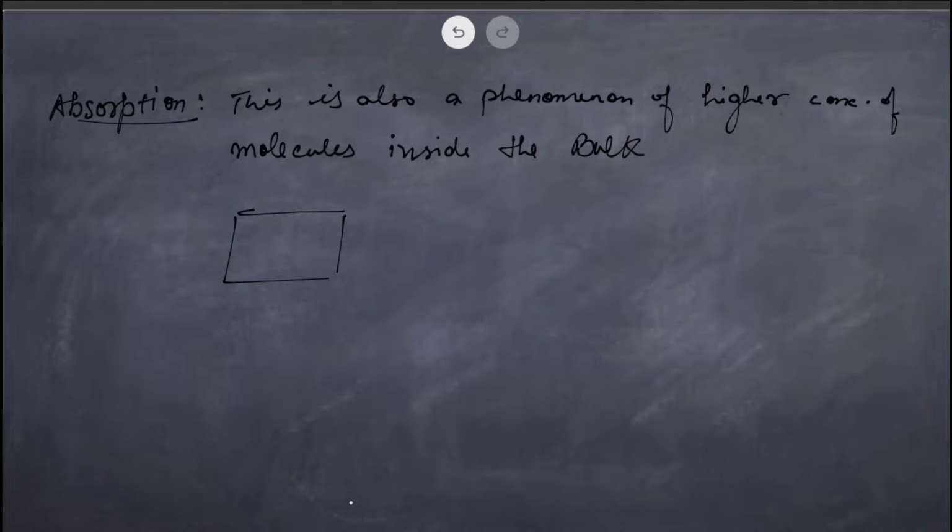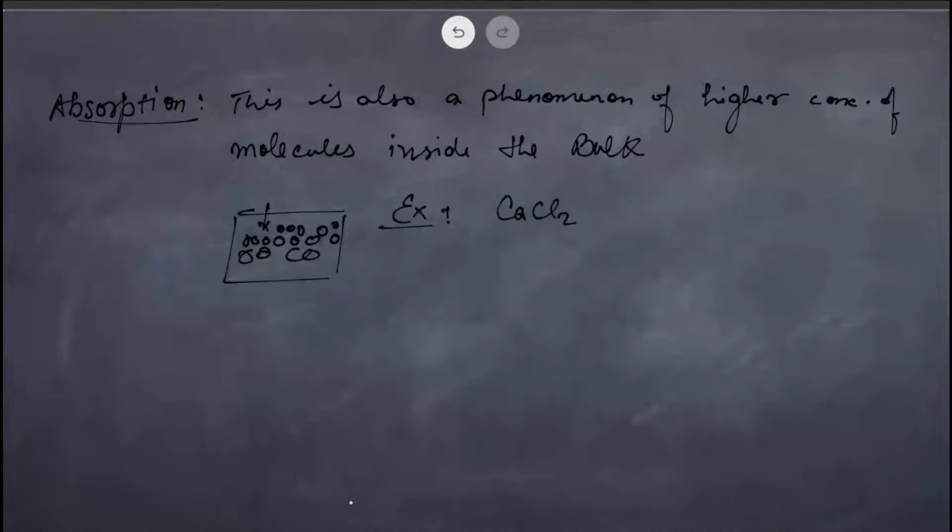In adsorption, the molecules stay on the surface. But in absorption, the molecules penetrate inside and are present inside the bulk. Example is CaCl2. It absorbs the moisture.